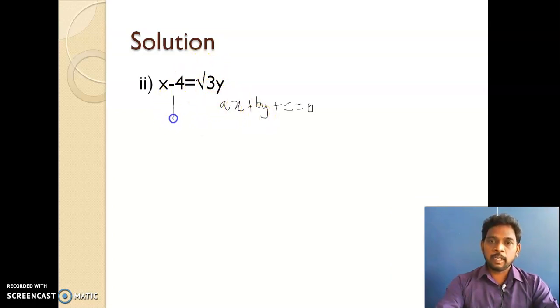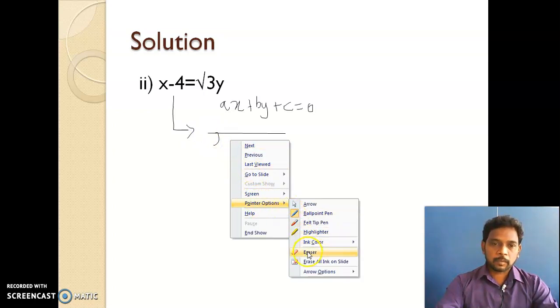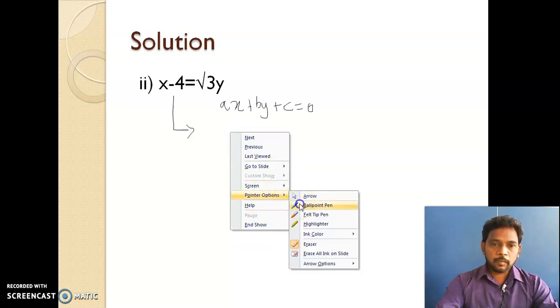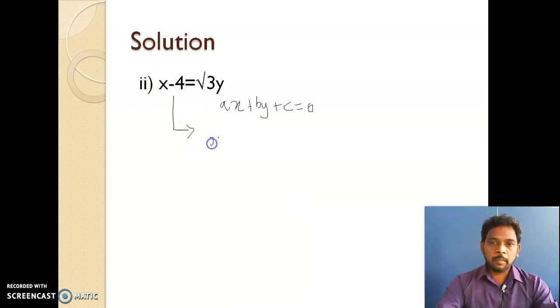So when we bring it to the left hand side, this equation will become x minus root 3 into y, because the y term will be the second term in the general form, and the constant will be the last term, that is minus 4 equal to 0.